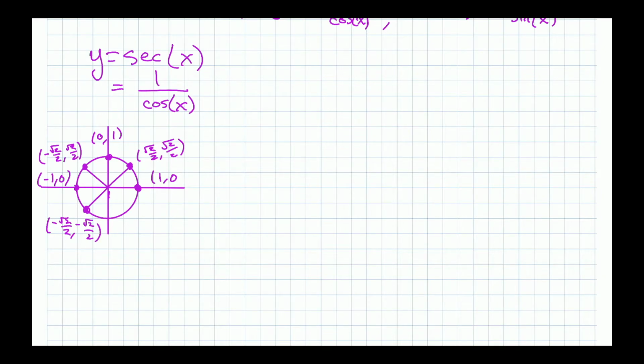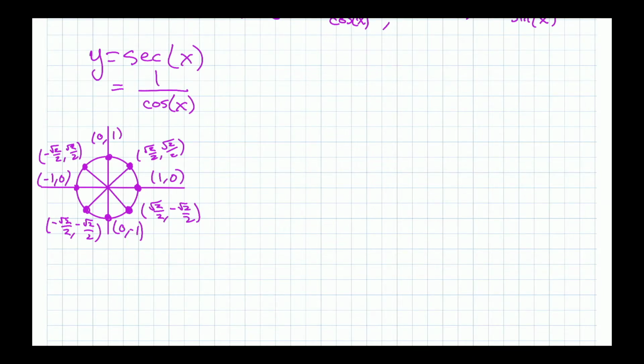Going to be here, which is 0, negative 1. And then finally here, which is positive root 2 over 2, negative root 2 over 2, and then back up to where you start. That is enough of the unit circle just to point at when we need it. So let's go ahead and figure this out a little bit.